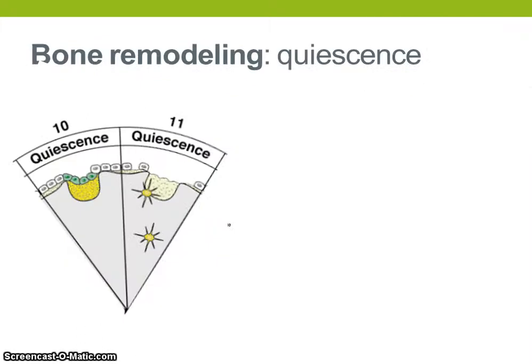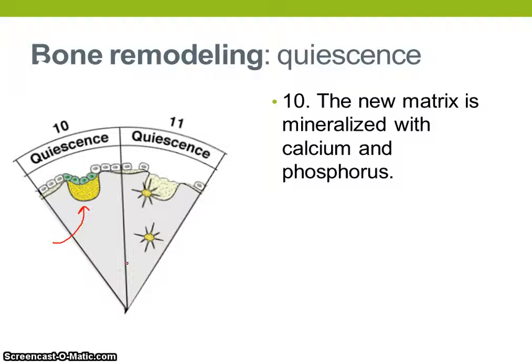be the next step. So take a moment, flip to step number 10. We are almost finished, and you're going to color in again this substance, this osteoid, in yellow. The new matrix in step 10 is going to be mineralized or calcified with these two minerals.